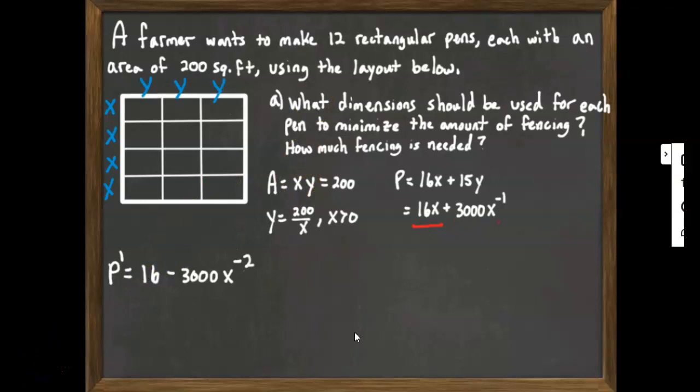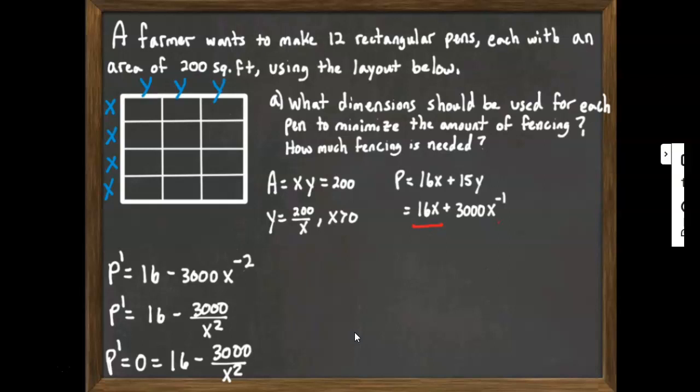Okay, we then continue here, rewriting that as P prime equals 16 minus 3,000 over x to the second power. And we want to solve that equation for when is it 0, when is it undefined. So when is P prime 0? So 0 equals 16 minus 3,000 over x squared.